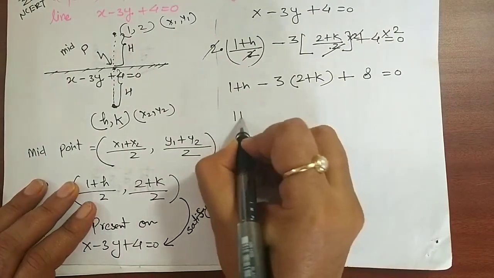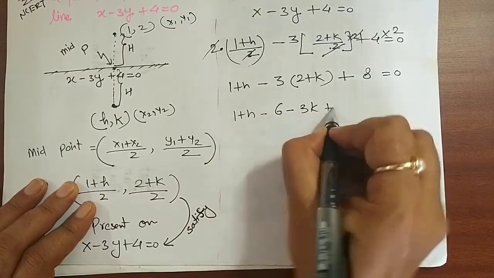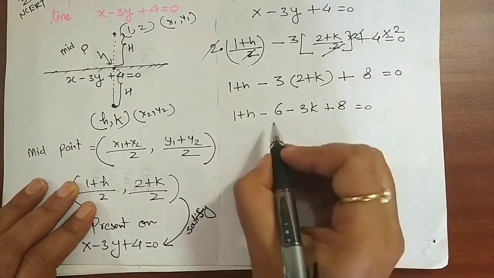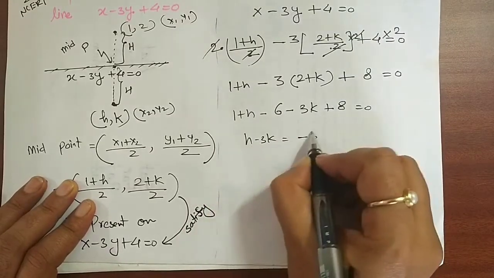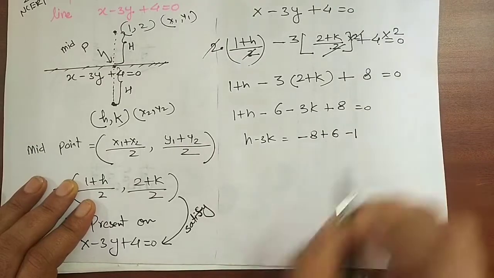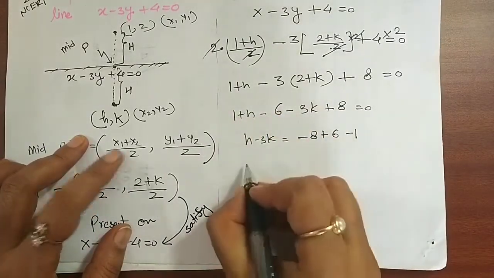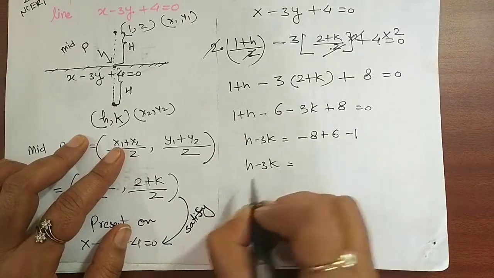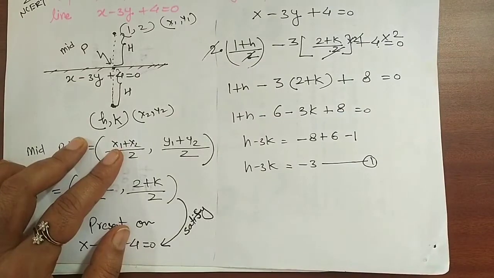So it will be 1 plus h minus 6 minus 3k plus 8 is 0. So this is h minus 3k is minus 8 plus 6 minus 1. Minus 8 plus 6 minus 1, so it is h minus 3k is minus 3. So this is equation 1.